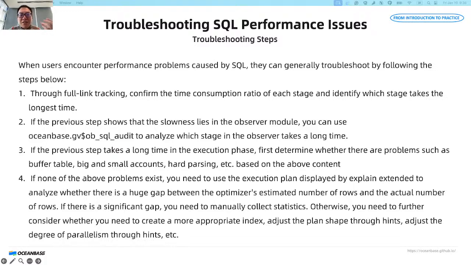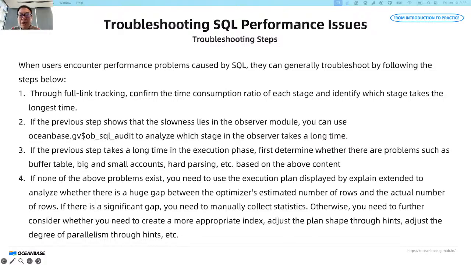If it's slow in the execution stage, you can first determine whether there are problems such as buffer tables, big and small accounts, and parsing problems based on the above content. If there are no issues above, use explain extended to check if there is a big gap between the optimizer estimated and the actual row count.